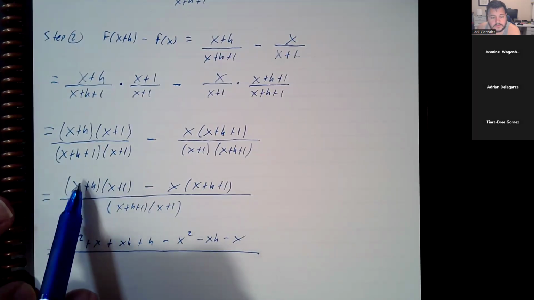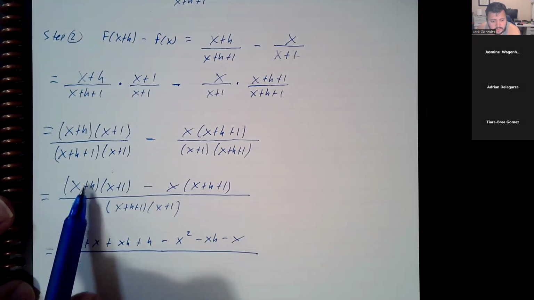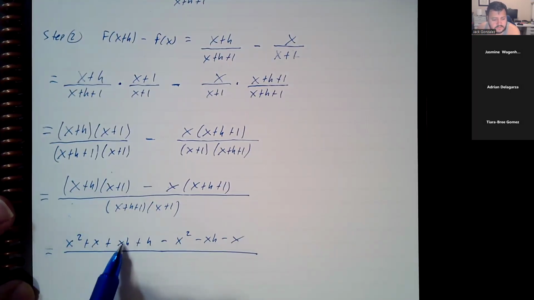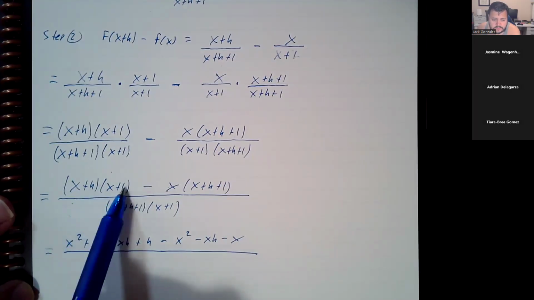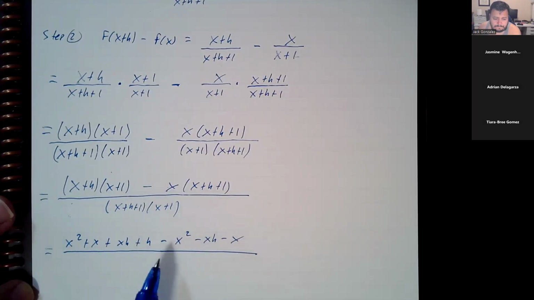Okay, so I distributed x times x, x times 1. Get the first two terms. H times x is xh or hx. H times 1 is h. Negative x times these three gives me these three terms.